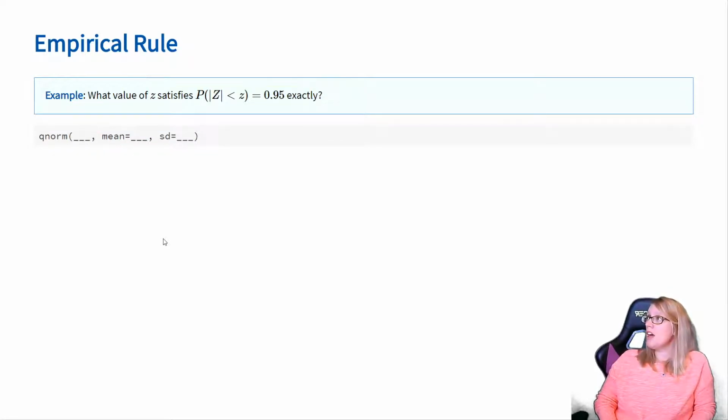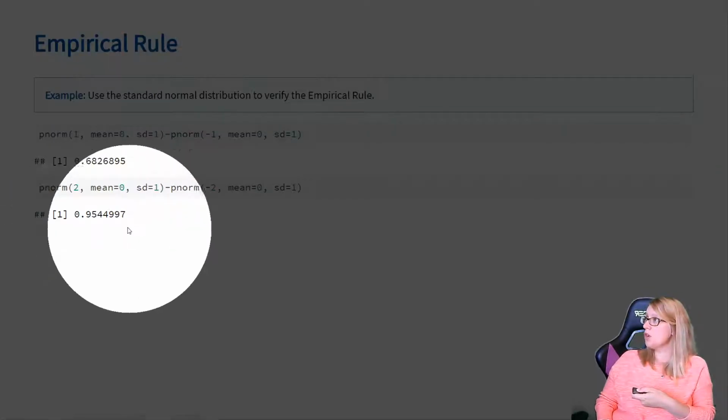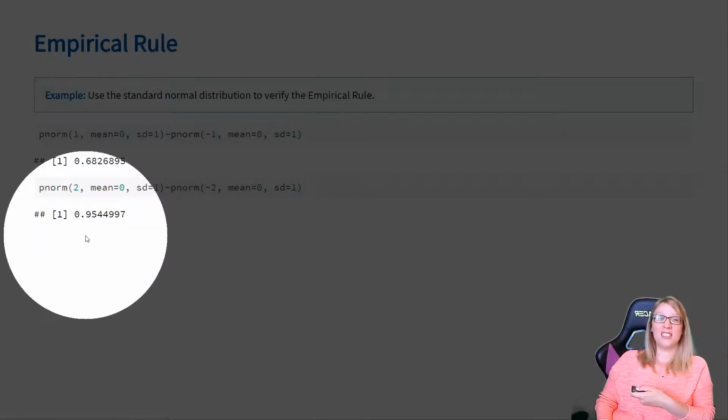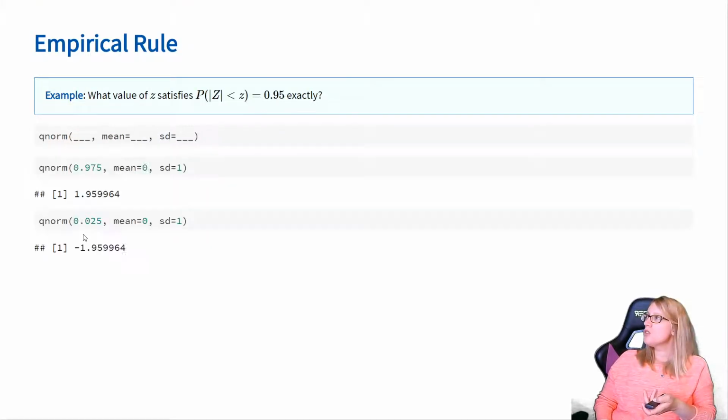So what value of z is going to satisfy that 0.95 directly? Here, for example, we used 2. We overshot just a little bit. Our range was slightly higher than 0.95. So if we use, say, the qnorm function, we can figure out what that exact cutoff is going to be.